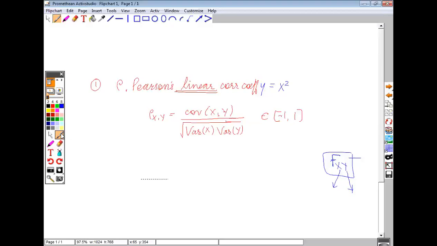Then probably we can't say that x and y will follow separate univariate normal distributions.